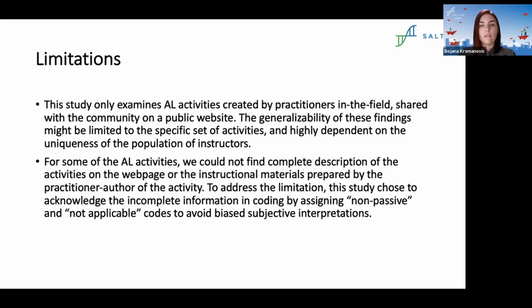And the second one, for some active learning activities, we could not find a complete description of the activities on the webpage or in the instructional materials prepared by the practitioner who is the author of the activity. To address this limitation, we chose to acknowledge the incomplete information in coding by assigning specific codes such as non-passive and non-applicable to avoid biased subjective interpretations. And that's it. Thank you very much.